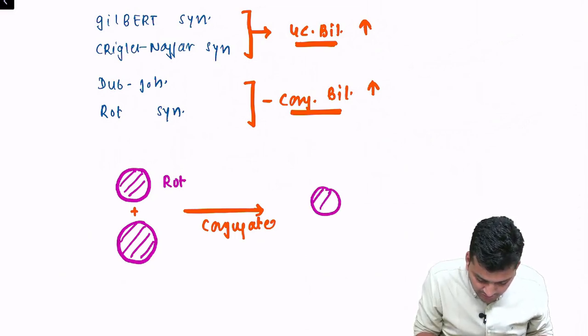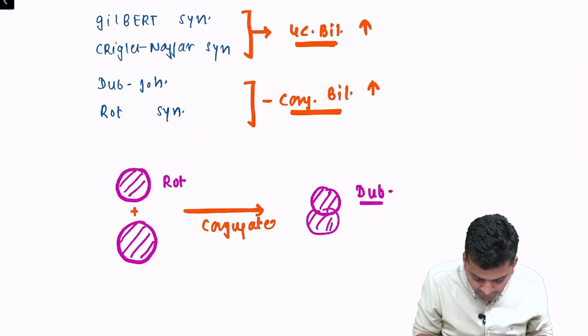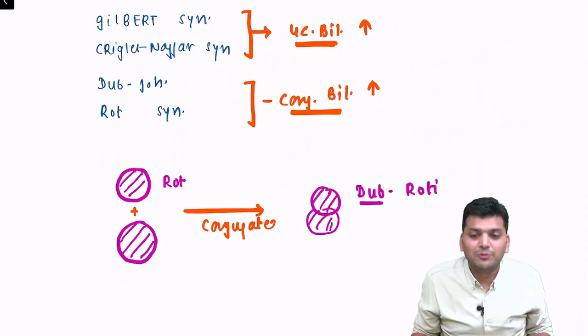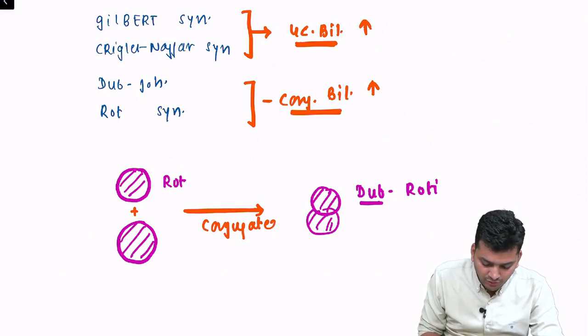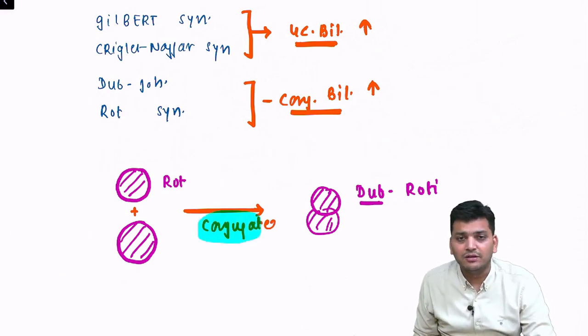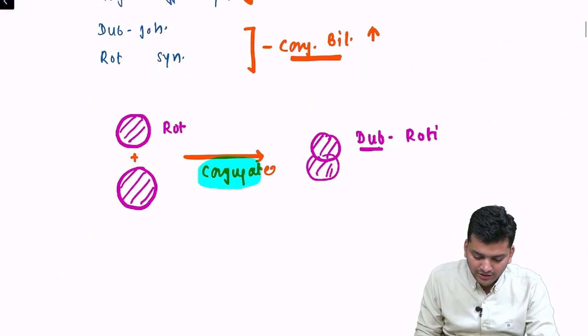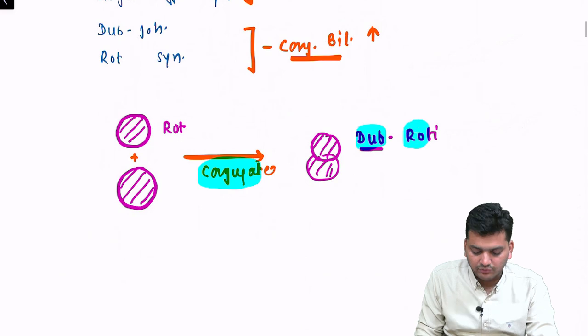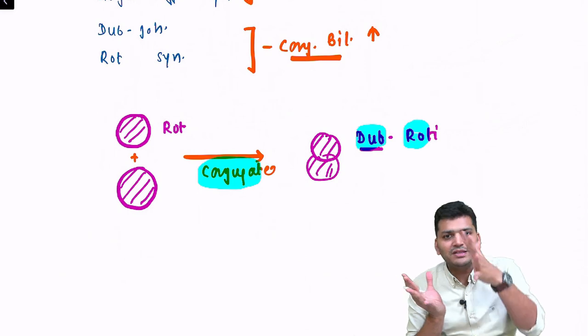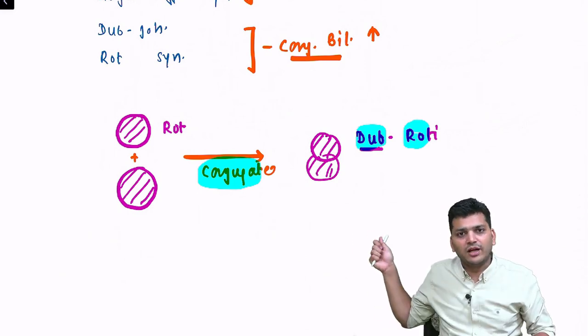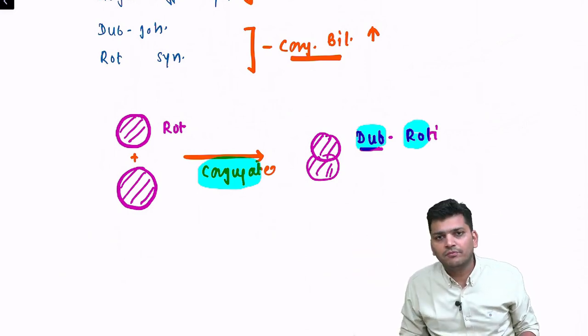This is referred to as double roti. So, in which condition is the conjugated bilirubin going to increase? The conjugated bilirubin is going to increase during the double roti. Double roti means Dubin-Johnson and Rotor syndrome. So when you make the double roti, you have to do conjugation. So in double roti, which bilirubin is going to increase? The conjugated bilirubin. Dubin-Johnson, Rotor, conjugated bilirubin, double roti. Okay.